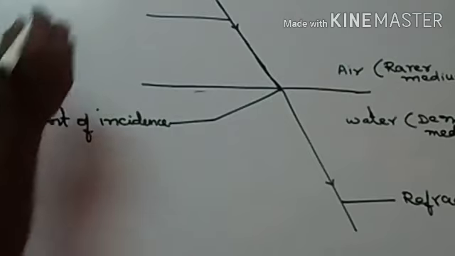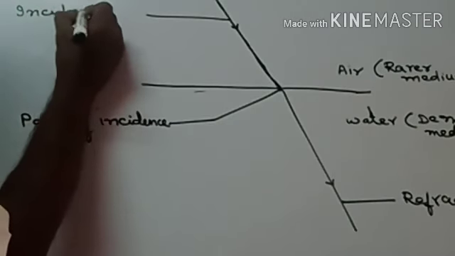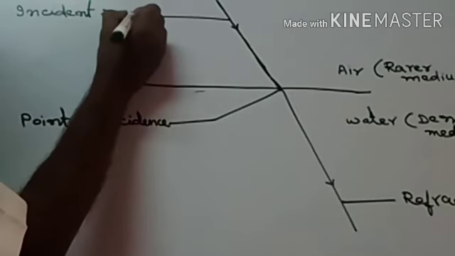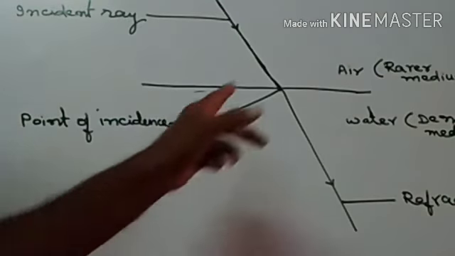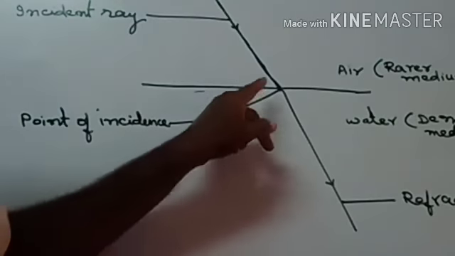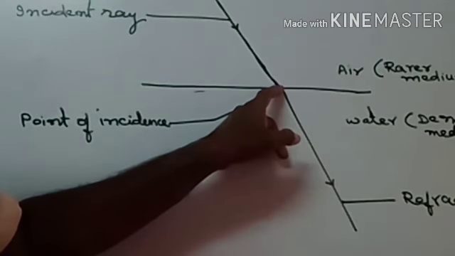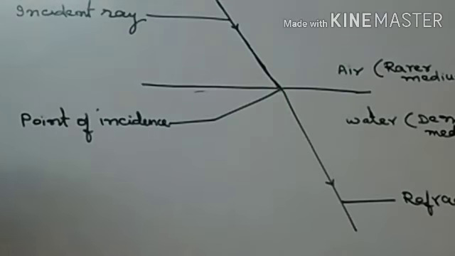This is the incident ray. It is the refracted ray. This point through which deviation is happening is said to be the point of incidence.